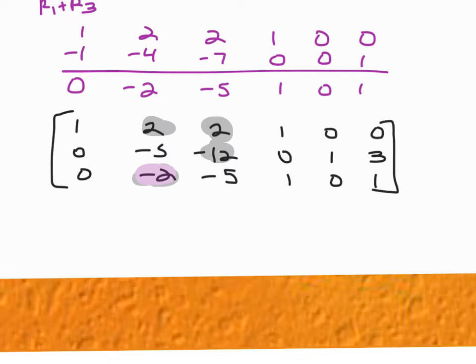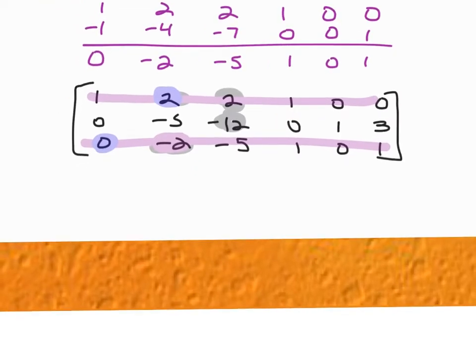But what would happen if I just added row 1 and row 3? This 0 is going to cancel out, right? The 1 would ruin this, but remember you can replace either row 1 or row 3 with what you're doing. So if I add row 1 and row 3, instead of replacing row 3 with it and losing the 0 I just got, I can actually replace row 1 with it.